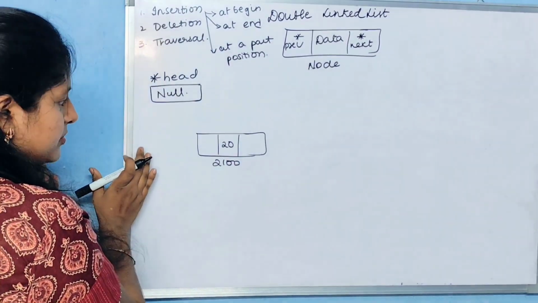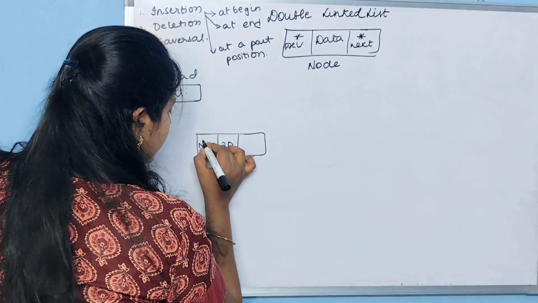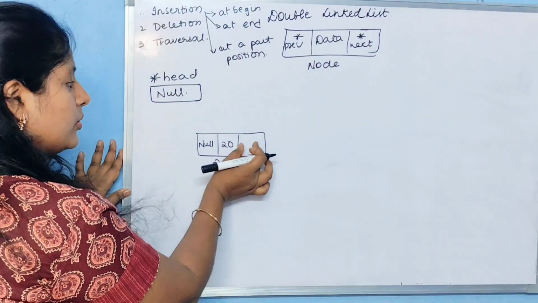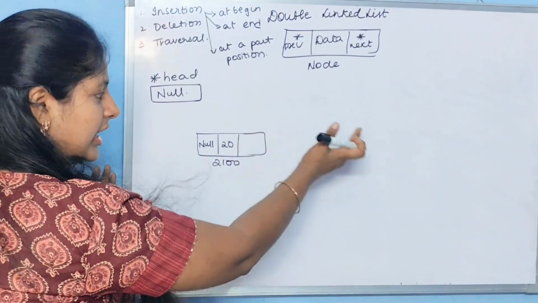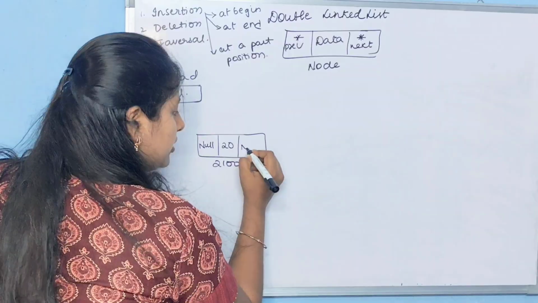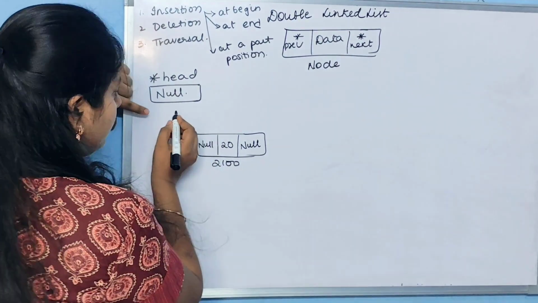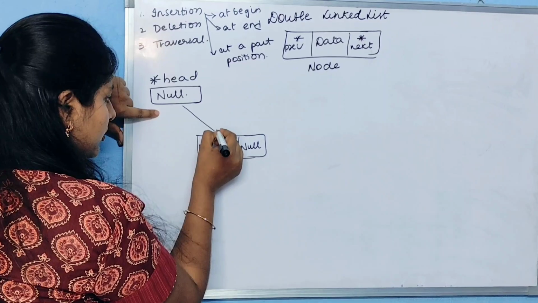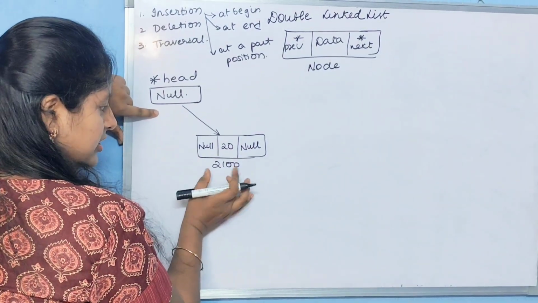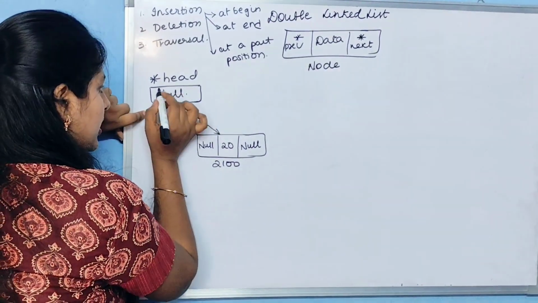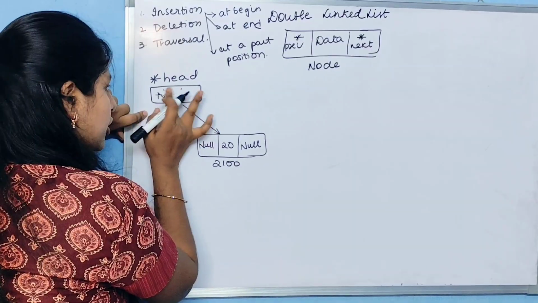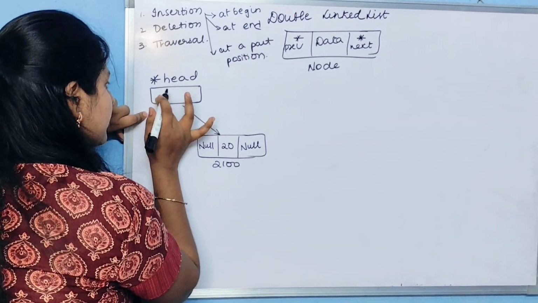Are there any elements before 20? No. So you write null. So what is the next part? Is there any element next to 20? No. Then this also becomes null. Right? Okay. Now head always points to my first node. What is the first node's address? 2100. So this head will be replaced with 2100.